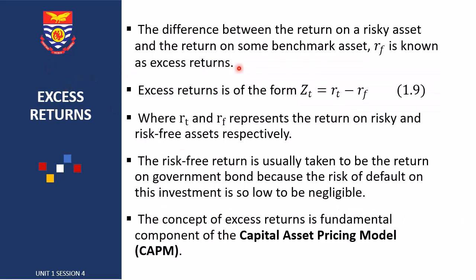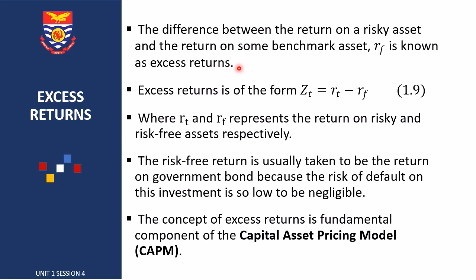After getting to know the normal returns, like the simple returns, the weighted returns, and other forms of returns, that is series of transformation of price series. Here we have excess returns.